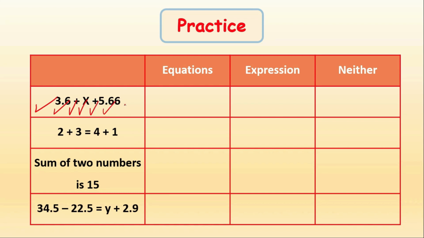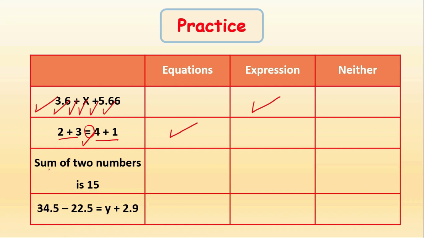Can you find the equal sign? No. So it will be an expression because it doesn't contain an equal sign. The next one, 2 plus 3 equals 4 plus 1. So we have two equal sides, also an equal sign, so it will be an equation.